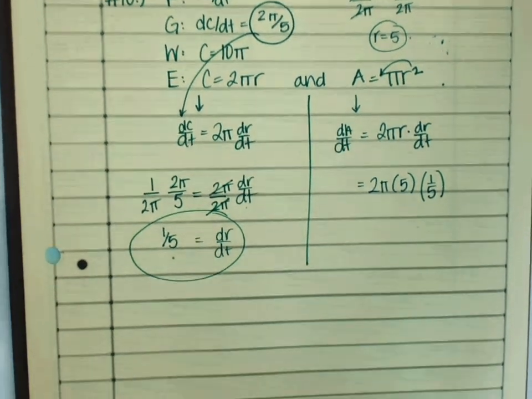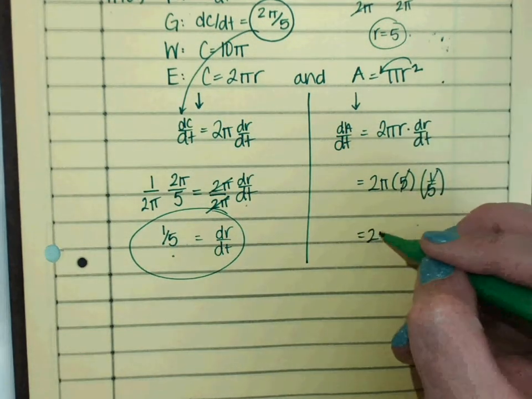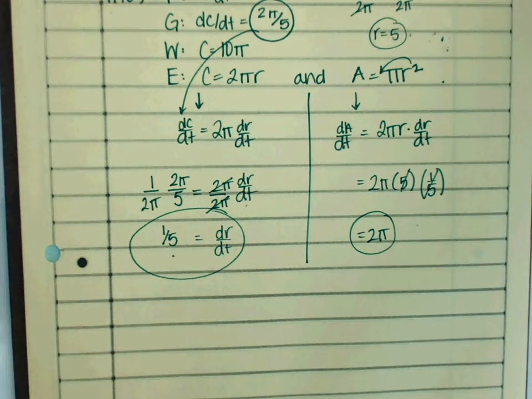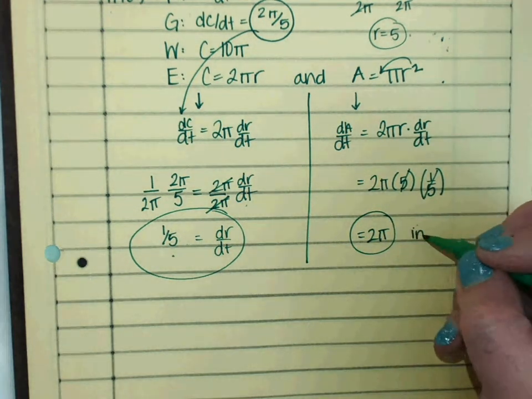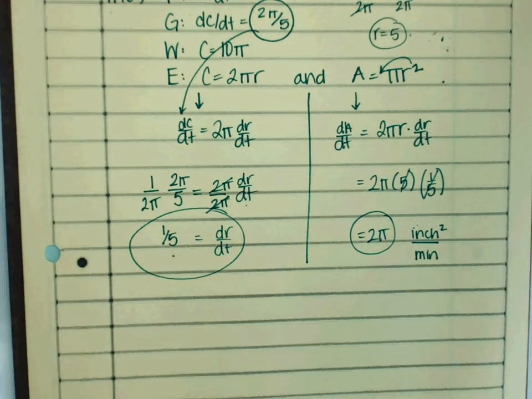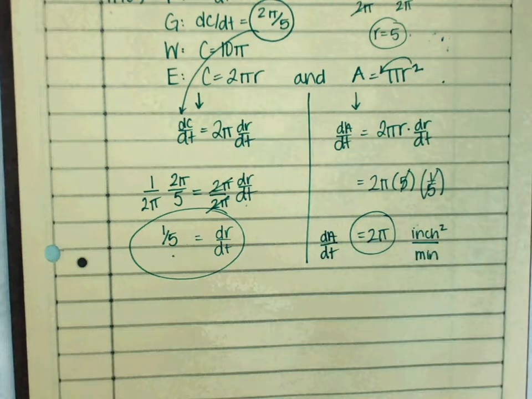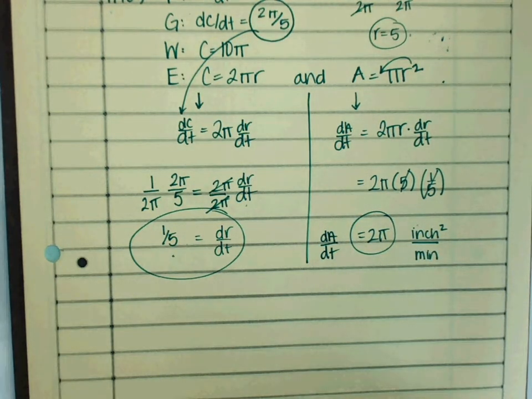What's going to happen with the 5 and the fifth? 2 pi. Units, if this is dA/dt? Inches squared per minute. Make sense?